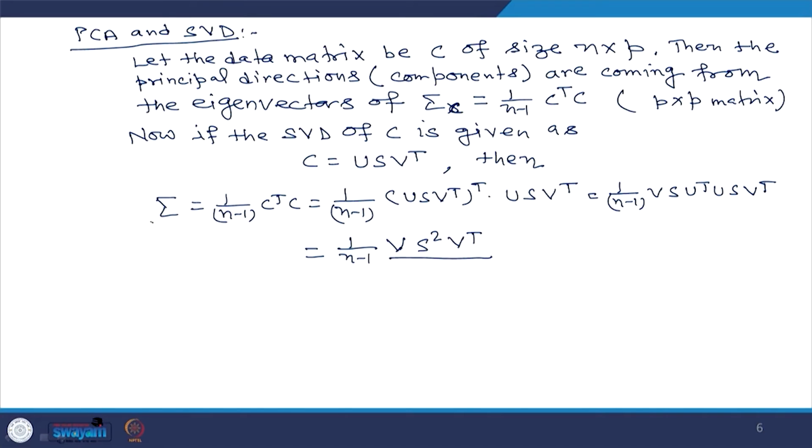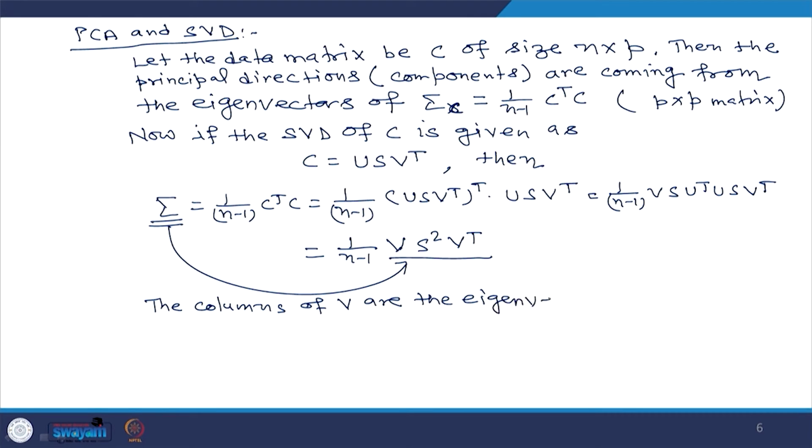So, since this covariance matrix is a symmetric matrix and V is an orthogonal matrix, what am I having now? This is the orthogonal diagonalization of sigma. So, what are the eigenvectors of sigma? The columns of V are the eigenvectors of sigma. And what are the eigenvectors of sigma? They are the principal directions, they are giving you the principal components.